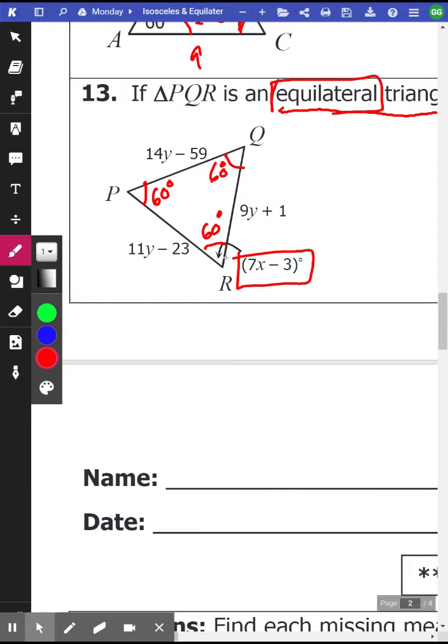So I'm going to solve for x first. Super easy. Those two are equal. That means that 7x minus 3 has to equal 60 degrees. 7x. If I move the minus 3 across, 63. X equals 9.